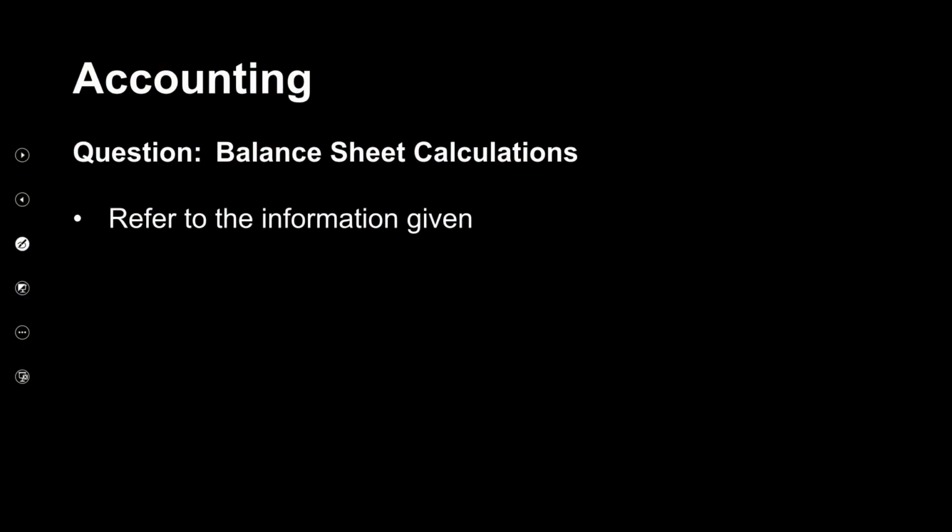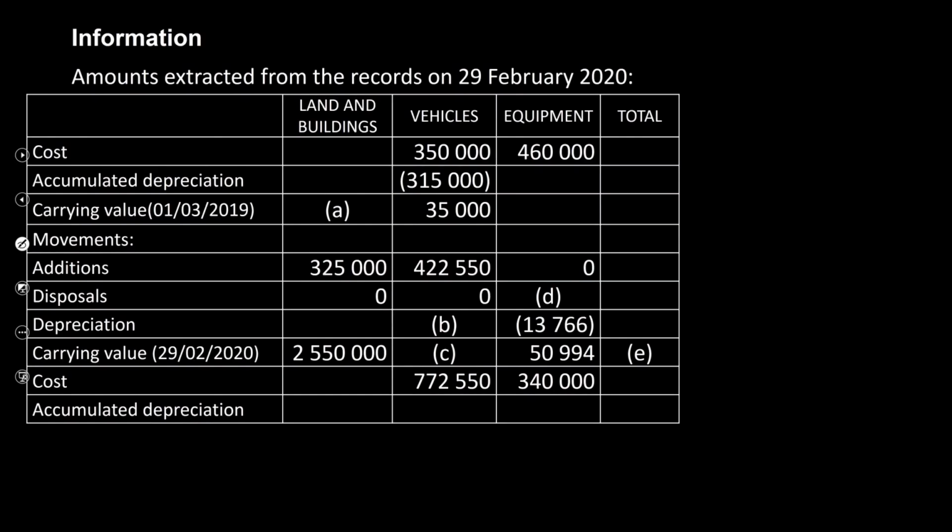We now move on to information that we have and we are expected to work out certain missing figures. Starting off from note number 3, you are told to calculate the carrying value, that's A, that we're going to be calculating first, right?